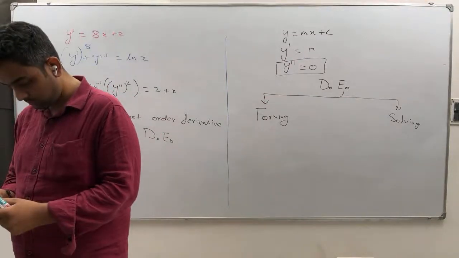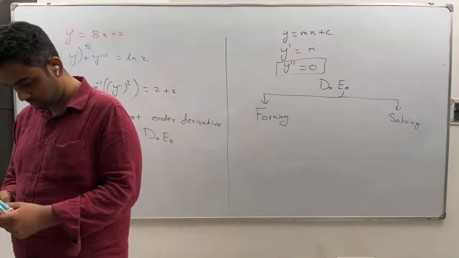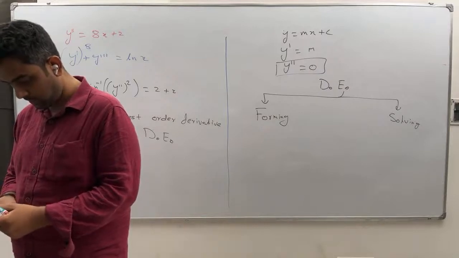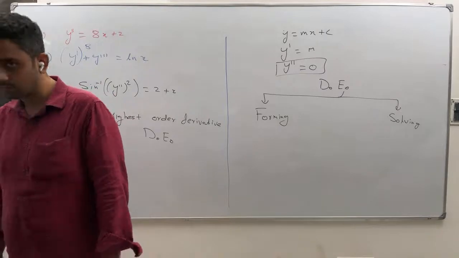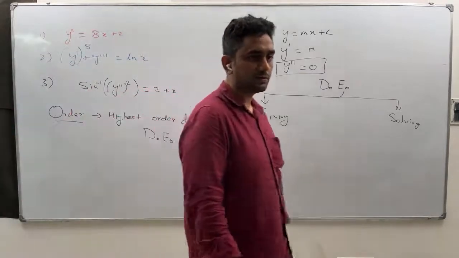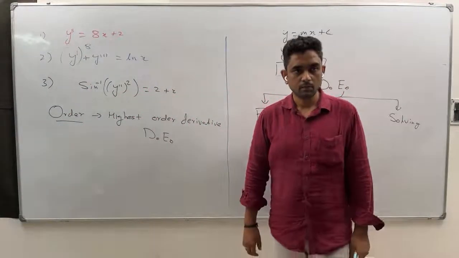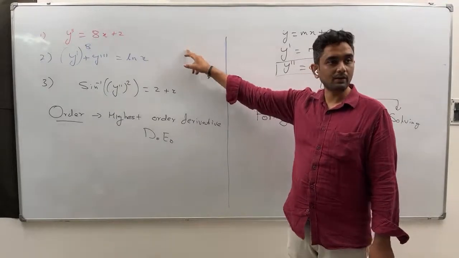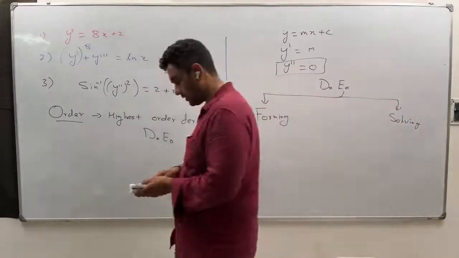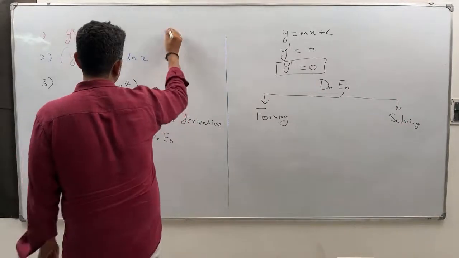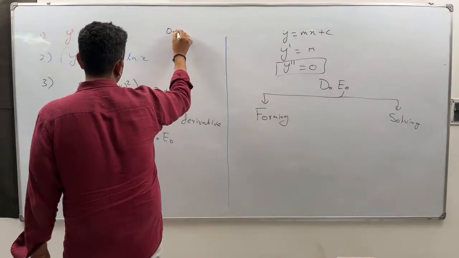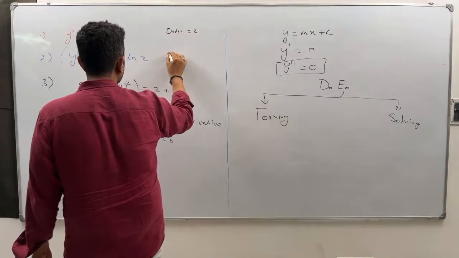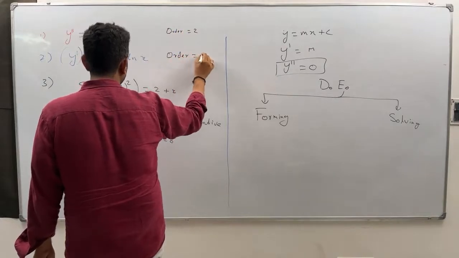So this is what we get. In the first one, order is 2. Here, order is 3.